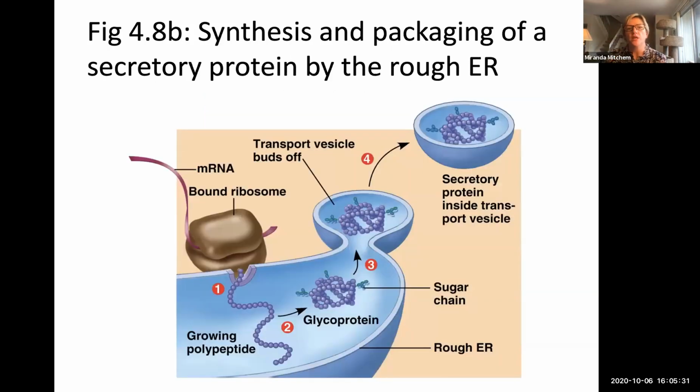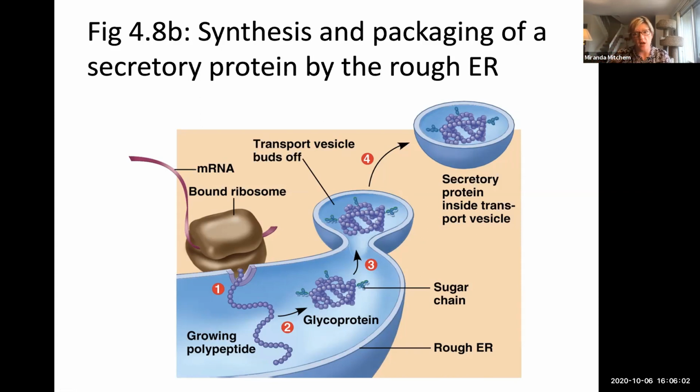Okay, so let's take a look at an example of this function. So we're looking at the rough endoplasmic reticulum here, because here's the ER, and we've got a bound ribosome. So that ribosome is going to make a protein, which then is pinched off in a transport vesicle. So what happens is some of the membrane from this rough ER is actually lost.